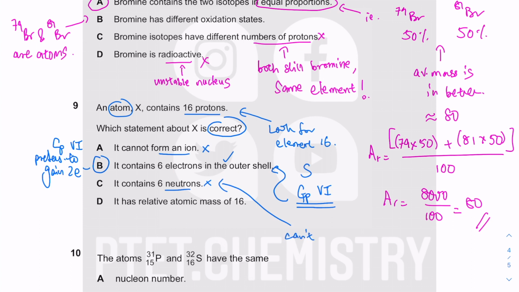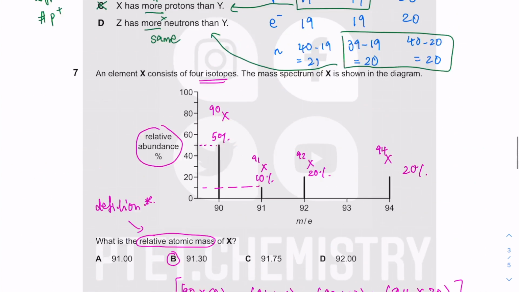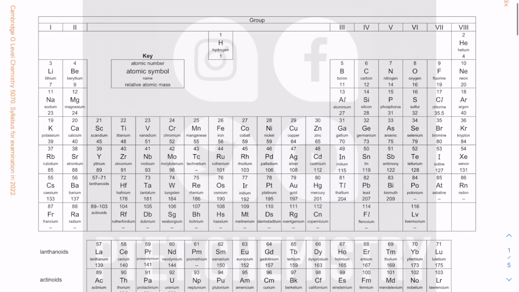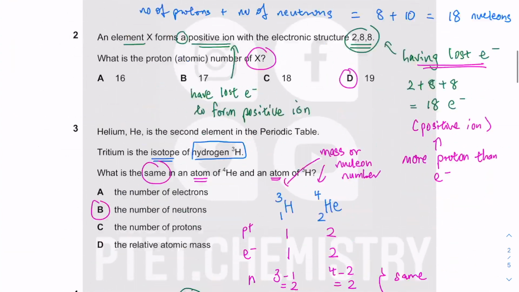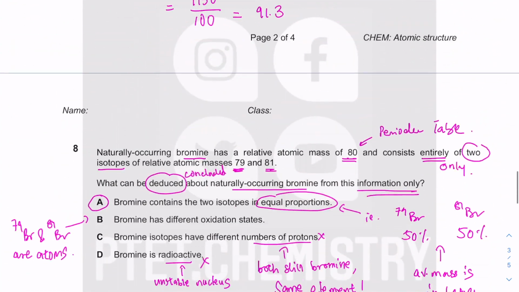But from the periodic table, what you have is 32 and 16. So the 32 there minus 16 will give you 16 neutrons.